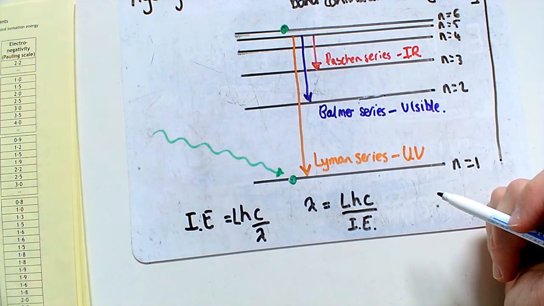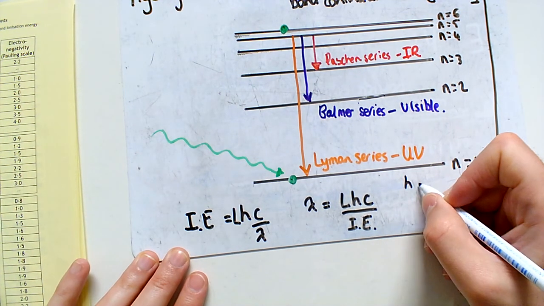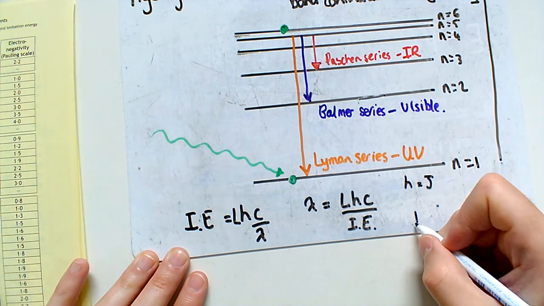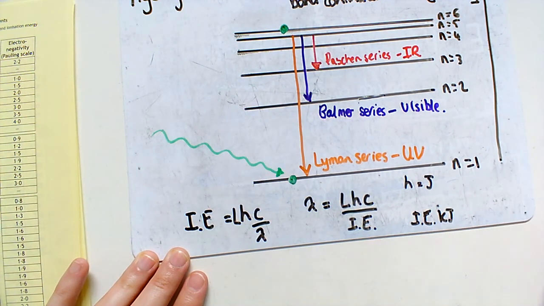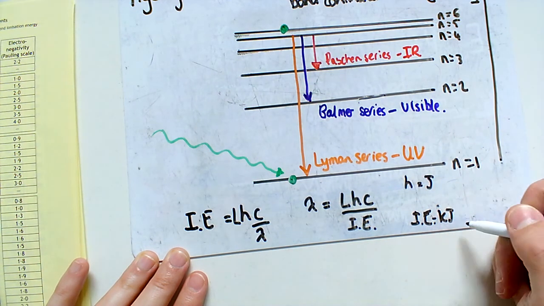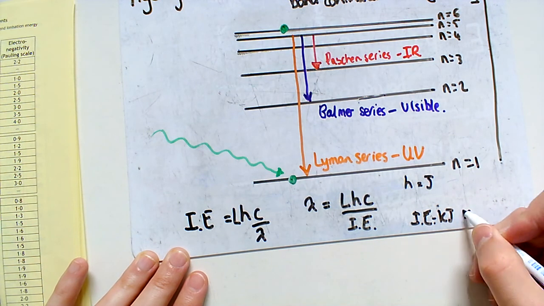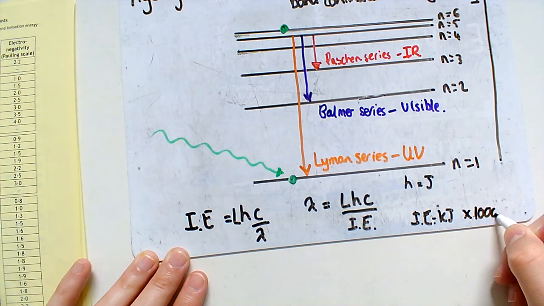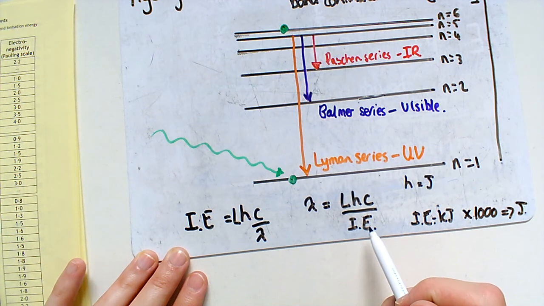Now remember that H is in joules, and ionization energy is in kilojoules. So you need to get those into the same value. So for this one, you would multiply this by 1,000, and that turns it into joules, if you want to use that equation.